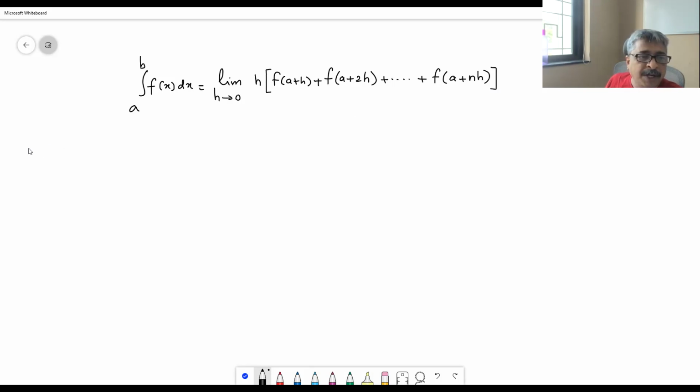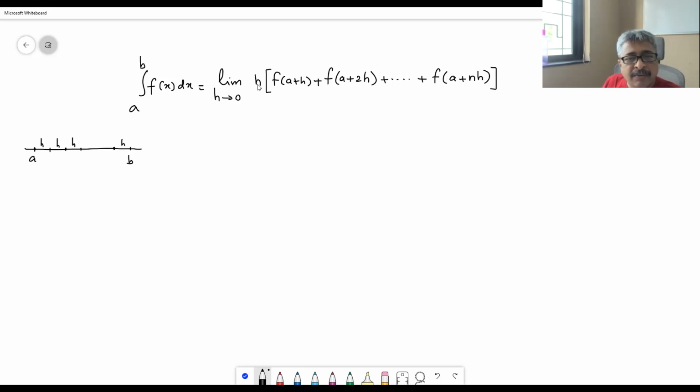Okay, the geometry behind this was like this. Suppose the first point is a, the last point is b, and we are dividing them into equal parts, a total of n parts, so this was x n minus 1, etc. The width of each is h, so there are n intervals of width h, so this is nh plus a.